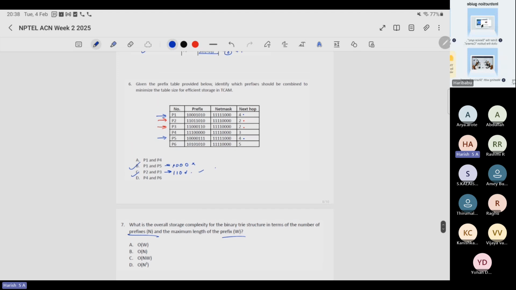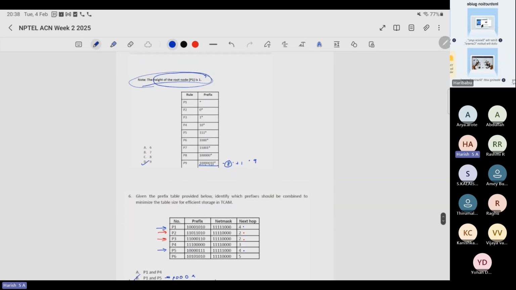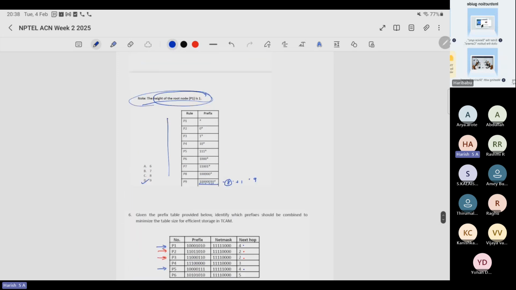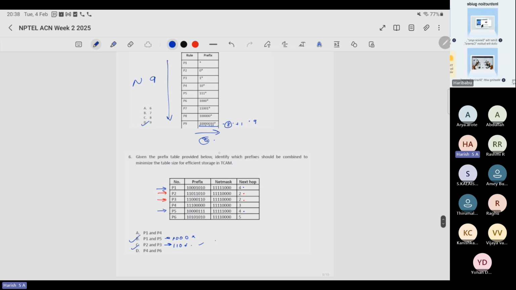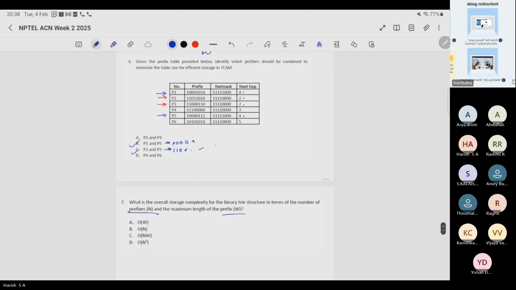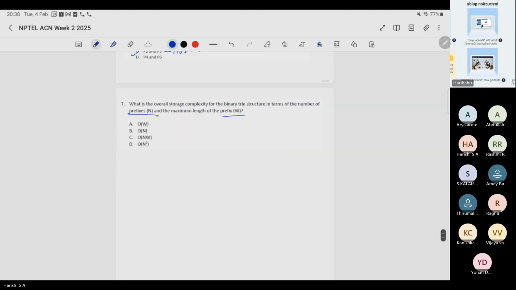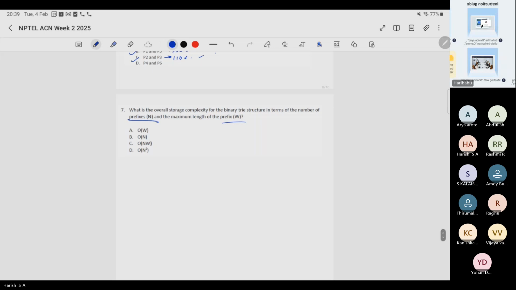So what are the number of prefixes? Here there are 5. Sorry, I think I should go to this one. Number of prefixes is 9 here, and the maximum length of the prefix is 8 here. Correct? So this is N, and this is W. N and then W. So what is the storage complexity?